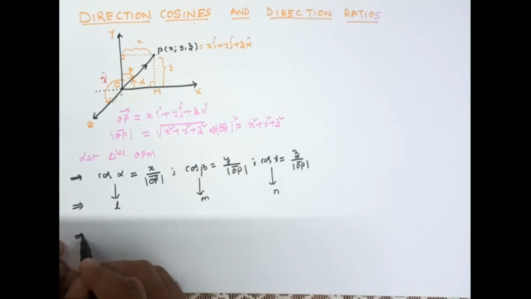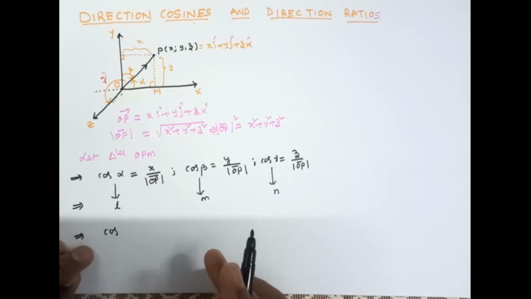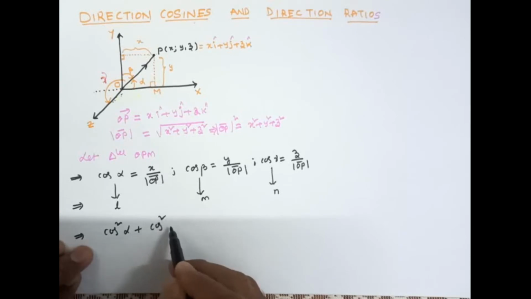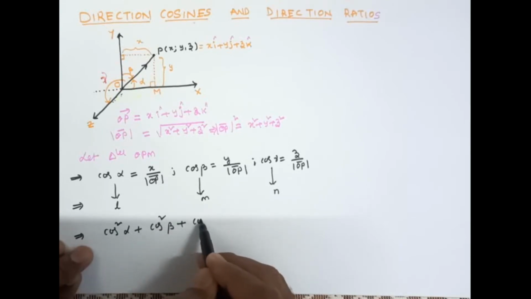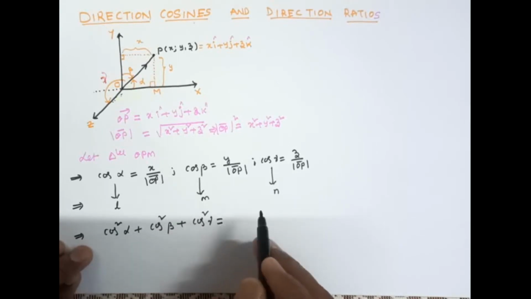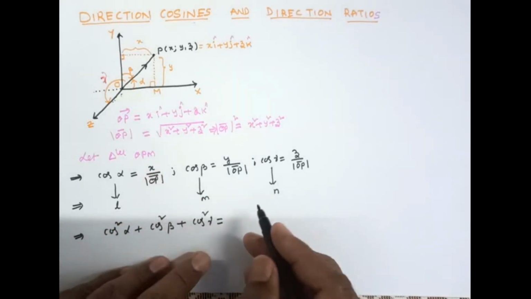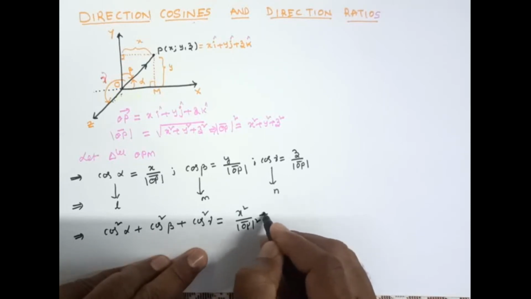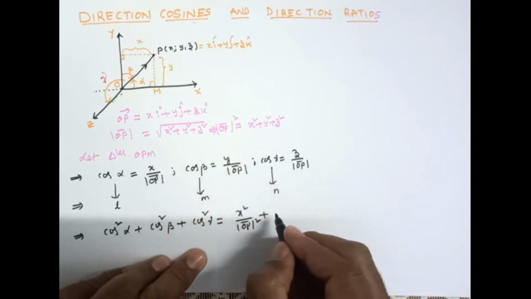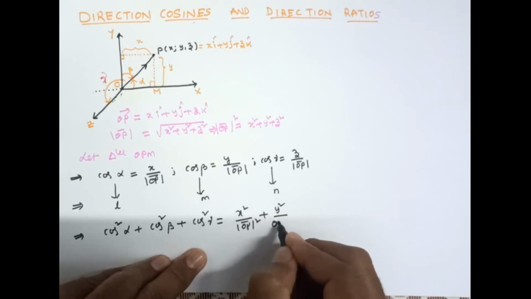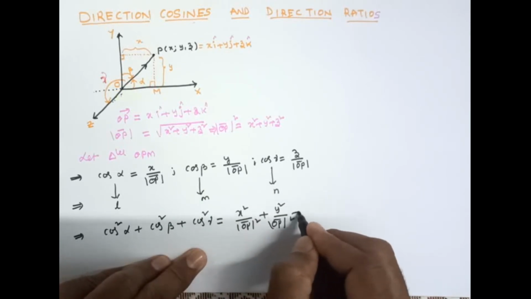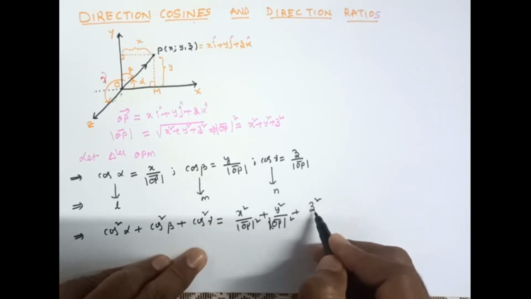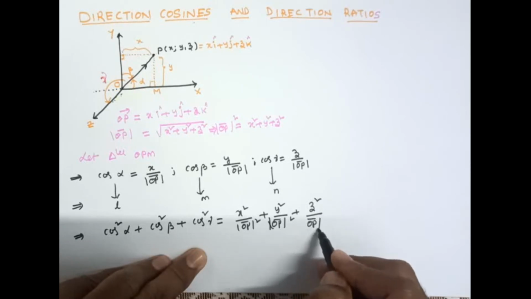So what happened here, let us check. Cos square alpha plus cos square beta plus cos square gamma is equal to x square by mod OP square, plus y square by mod OP square, plus z square by mod OP square.